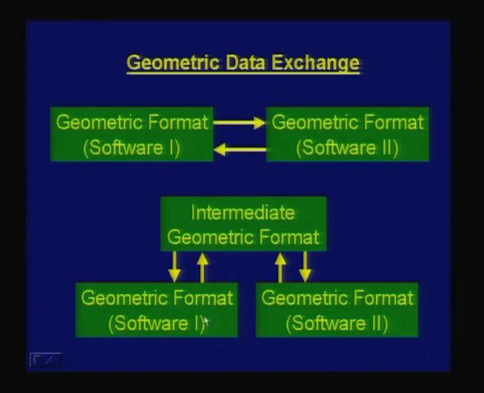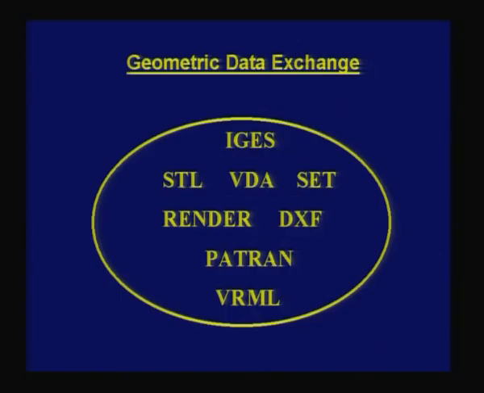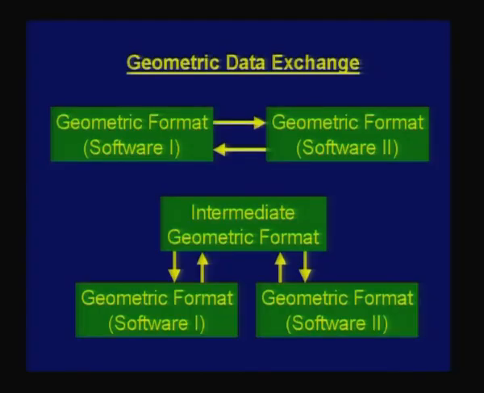I can have a translator to convert from the geometric format of software 1 to this intermediate format, and then another translator which goes from the intermediate format to the geometric format of software 2. If I want to move in the other direction, I have to follow the second set of translators which are available. So, this is another way of transferring geometric data from one system to another.